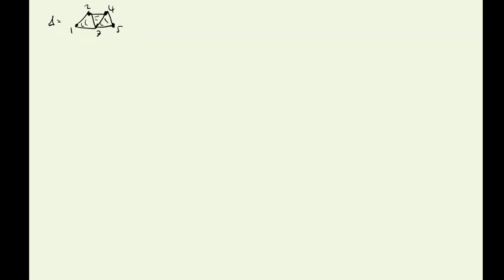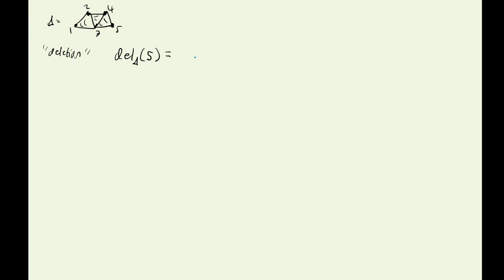From delta, the deletion, denoted this week del 5, is exactly what you would think it would be. We take the simplicial complex and just delete 5. If I don't have 5, I can't have an edge 4, 5, and I certainly can't have a triangle 3, 4, 5.